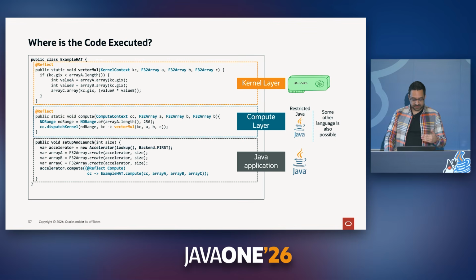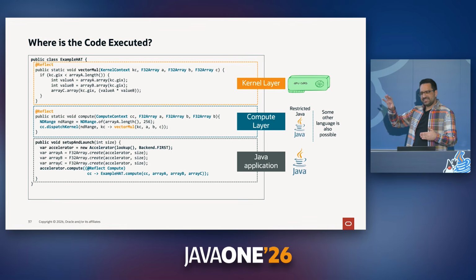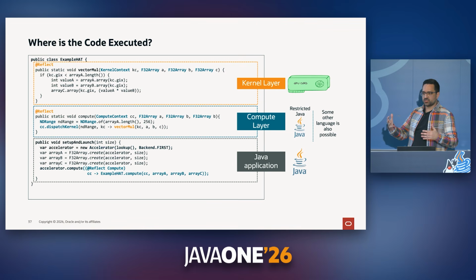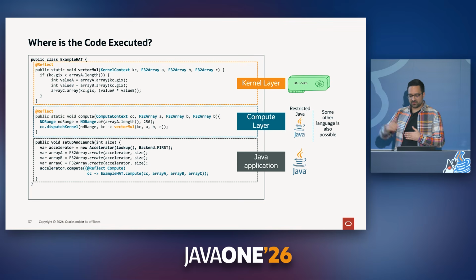The next layer is what we call the compute layer, and this layer will be executed in the Java virtual machine with the Java runtime. It doesn't have to be. There could be reasons to offload this and generate native code directly and run it through a native interface automatically. But for now, HAT dispatches this through the Java runtime. In this case, we have a restricted set of Java.